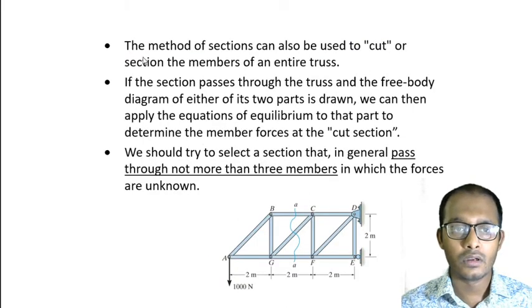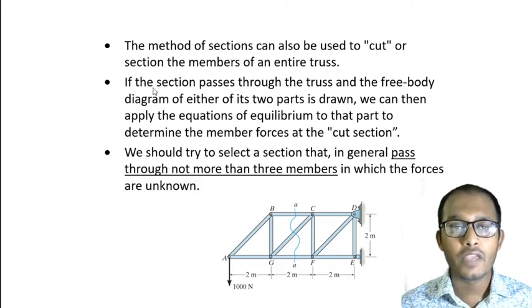After that, the method of sections can also be used to cut or section the members of an entire truss. I am in the theory section right now; when I solve some problems, it will be much clearer to all of you.